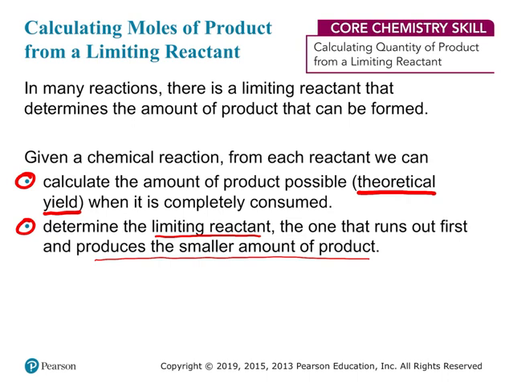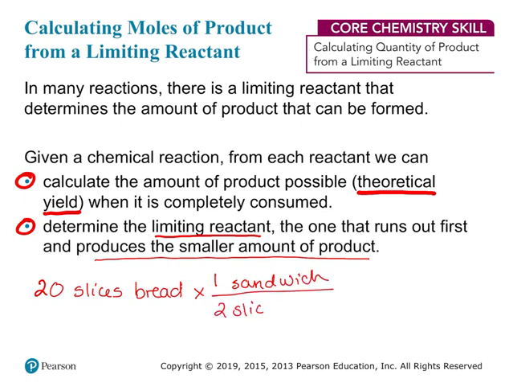So as an example, let's think about our peanut butter sandwich example. So let's say we have a full loaf of bread. So let's say that's 20 slices of bread. Well, we know that we need, for every one sandwich, 2 slices of bread. Okay, so let's say we used all 20 of those slices of bread.